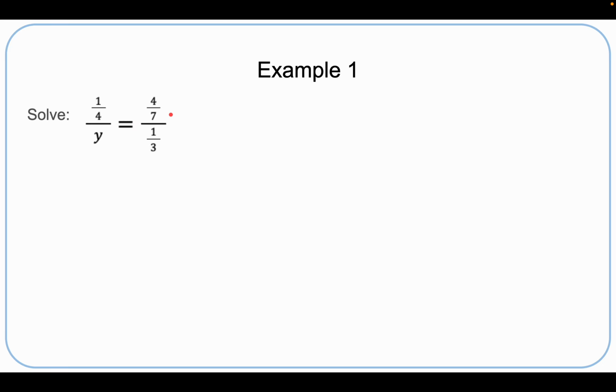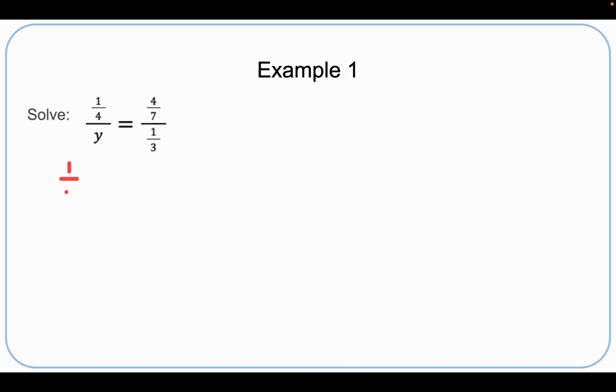So here we have fractions on both sides of our equation. So I can still cross multiply if I cross multiply this numerator by this denominator and set it equal to this denominator times this numerator. So let's go ahead and do that.